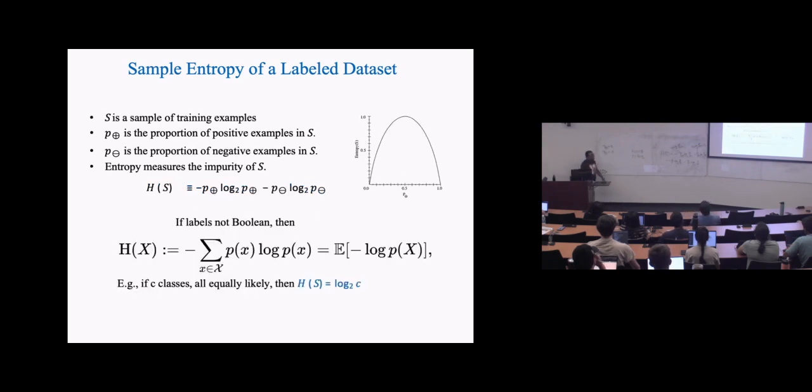And in case of a variable that is not just binary, the equation takes this form. Now, instead of 2 options, p plus and minus, you have all the possible options. For a dice, it would be 6 options. For our outlook variable, it has 3 options, so you have to iterate over 3. So that is an expected negative log probability.